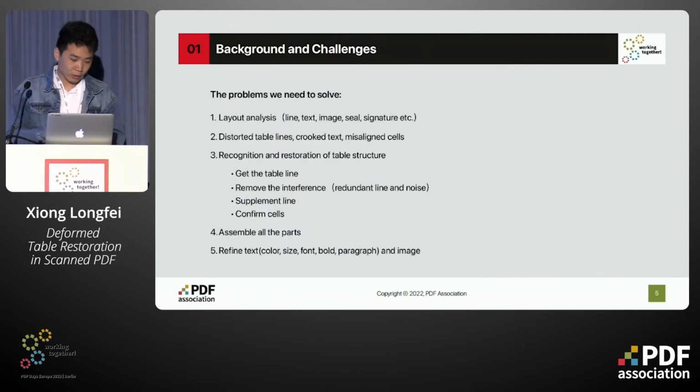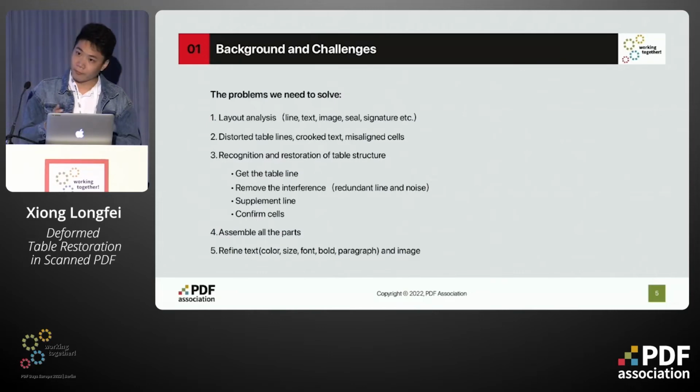In order to handle such tables, we will face the following challenges. For example, how to detect and identify various elements in the table, since the table may be filled not only by text and images, but also handwriting, signatures, or seals. The page where some tables are located may be deformed.